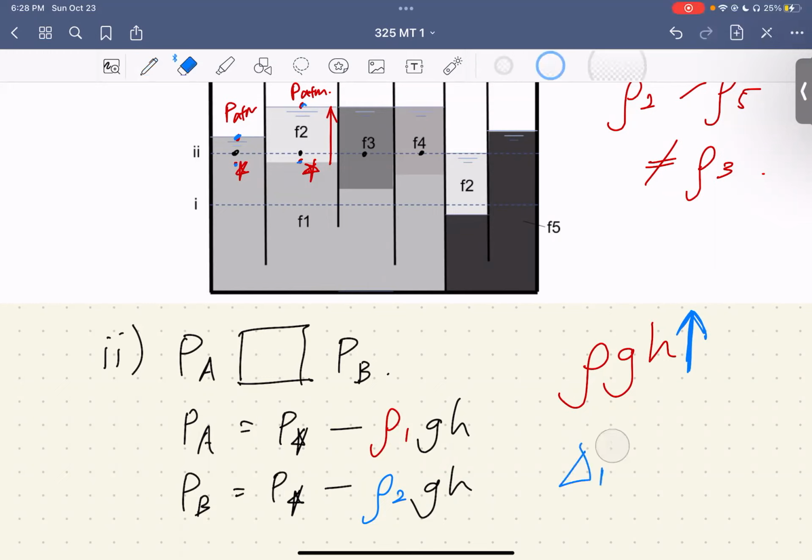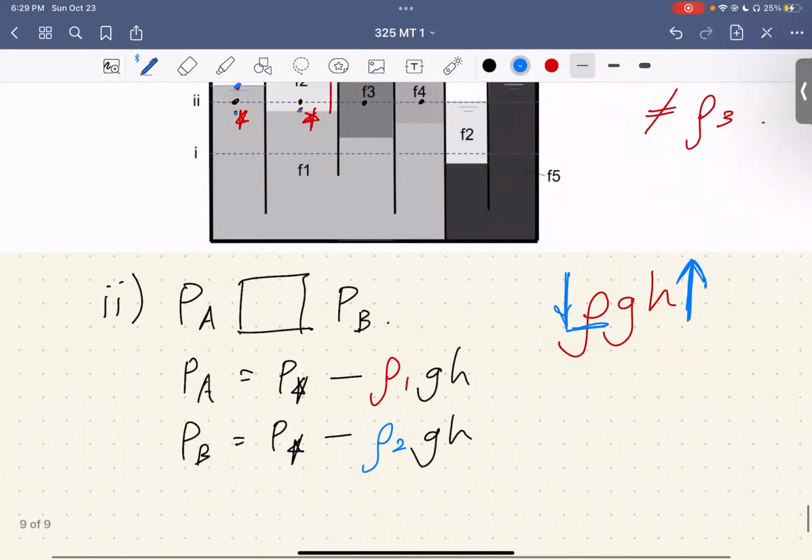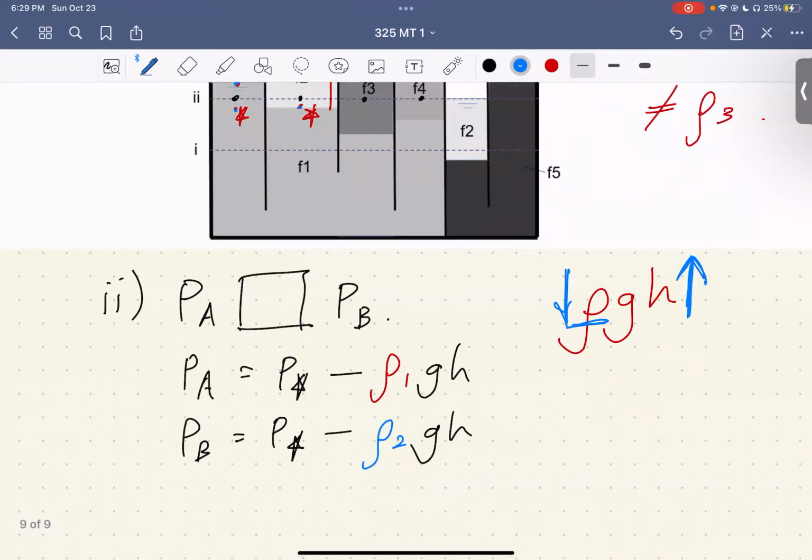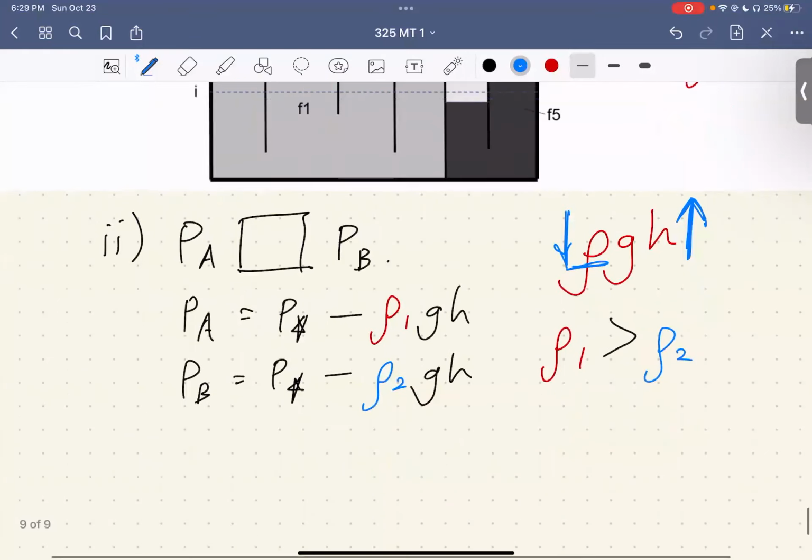All that matters now is that because height is higher, we know that rho is smaller. So we know with this that rho 1 is greater than rho 2.